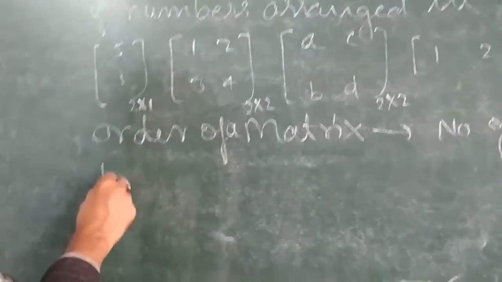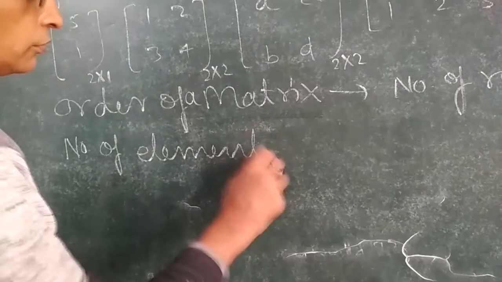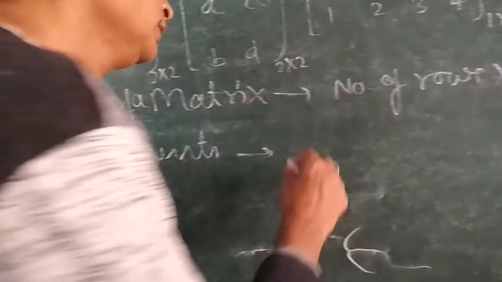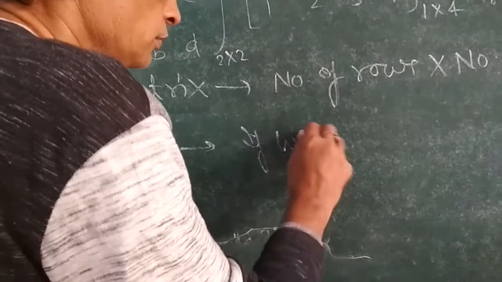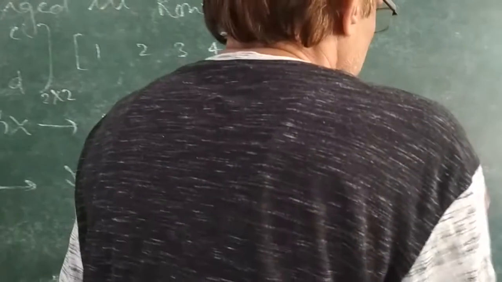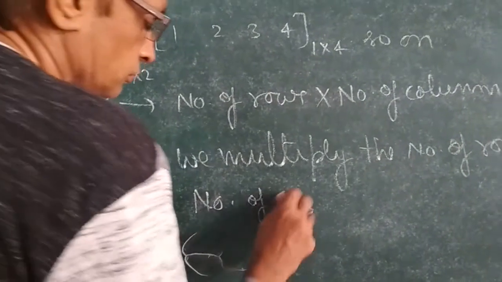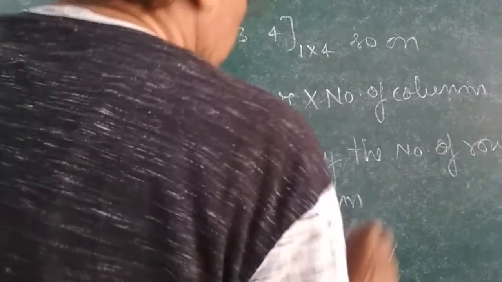Now number of elements. How can we get the number of elements of the matrix? If we multiply the number of rows and number of columns, we get the number of elements.